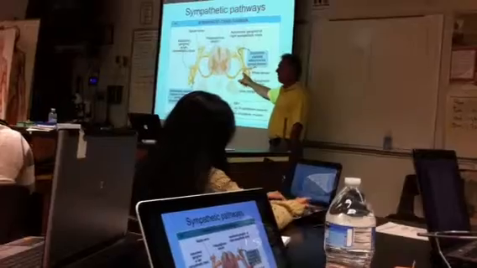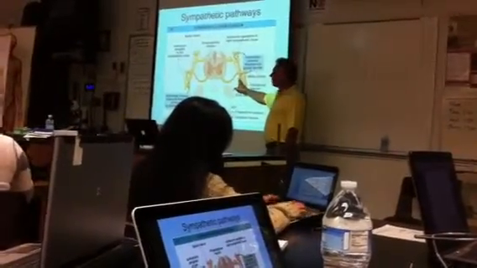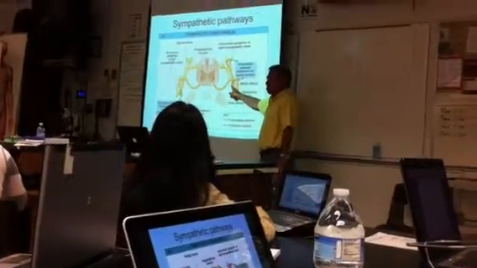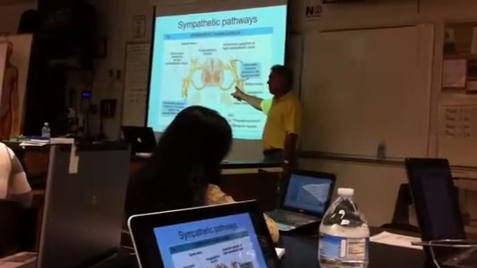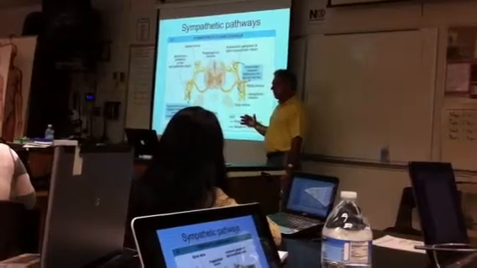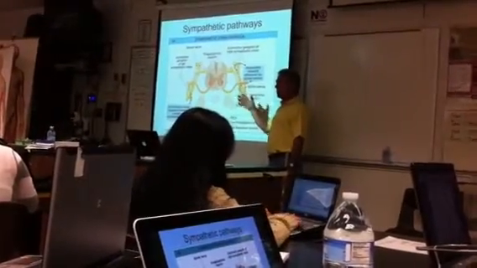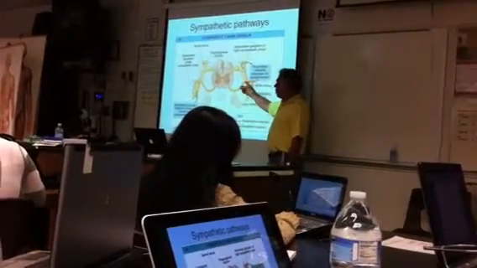So the exit, where this thing then takes off and goes out into the body, is called the gray ramus, because this fiber has no myelin cover on it. So the white ramus and the gray ramus are named because the first fiber has myelin on it, and the second one doesn't, and the word ramus just means branch. And all these are is a pathway.